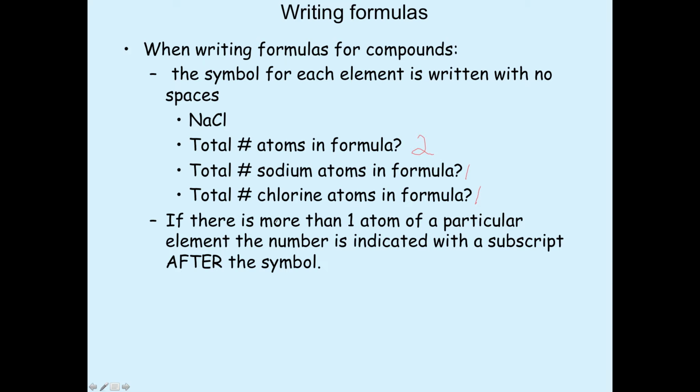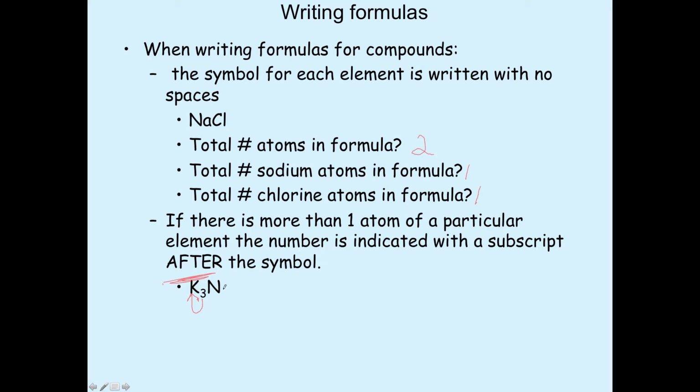Now, if there's more than 1 atom of a particular element, the number of atoms of that element is indicated with a subscript after the symbol. For example, K3N. This 3 tells me that there are 3 potassium atoms in this formula of potassium nitride.